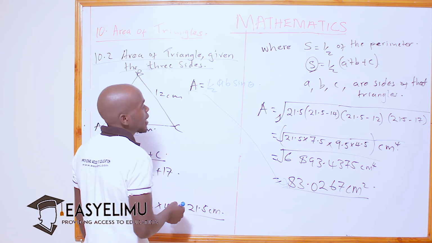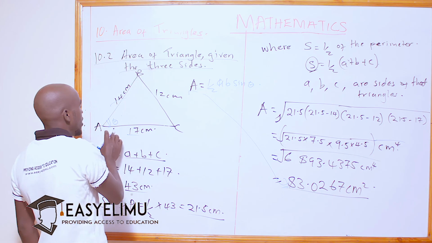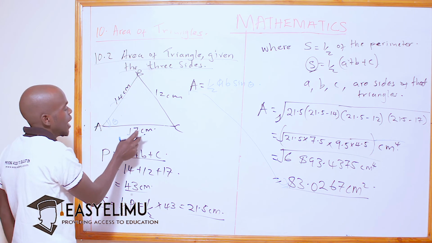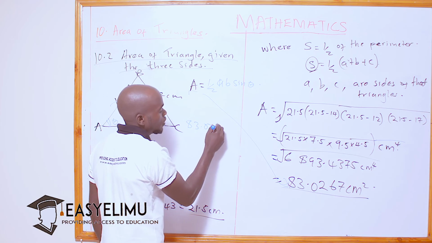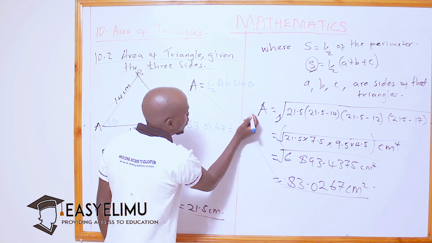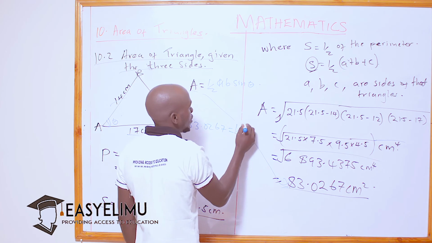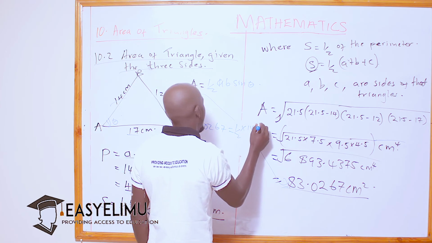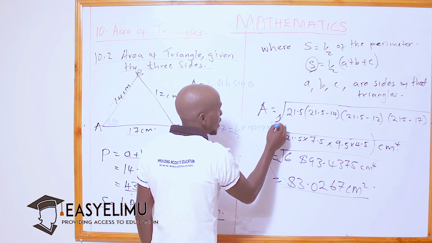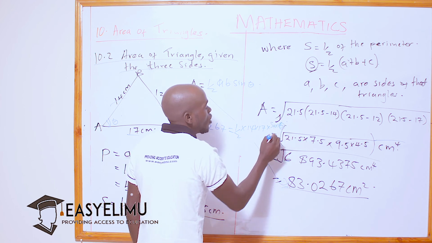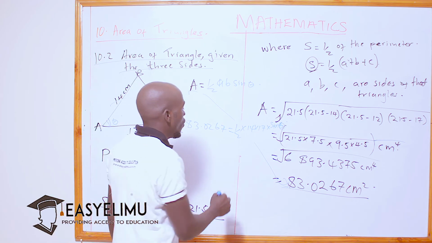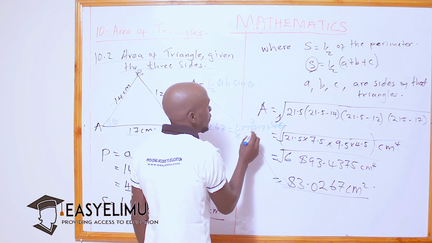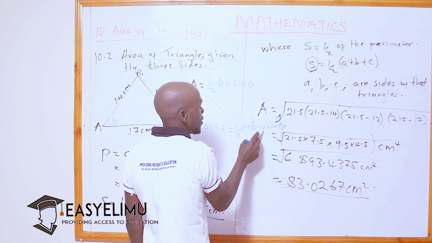For example, in this case, you can take 14 and 17, so we can say 83.0267 is equal to a half multiplied by 14 multiplied by 17 multiplied by sine theta, and theta here is an angle which I don't know and I'm seeking. We evaluate it out, and this one will be 7 times 17.